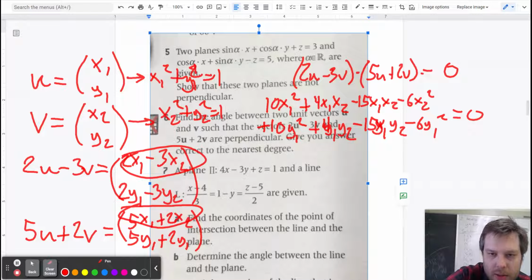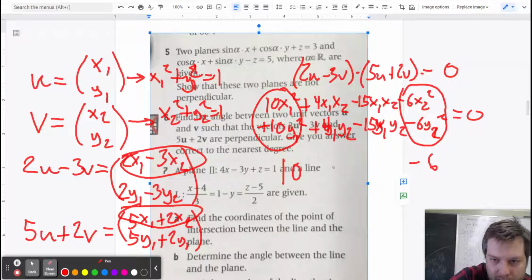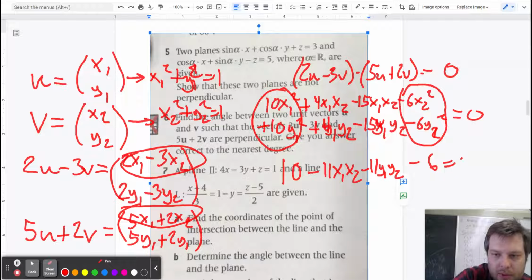So we know that then this first term here is equal to 10. This second term here, these are 2's, is equal to negative 6. And the middle term is equal to negative 11 x1 x2, negative 11 y1 y2, and that equals 0.